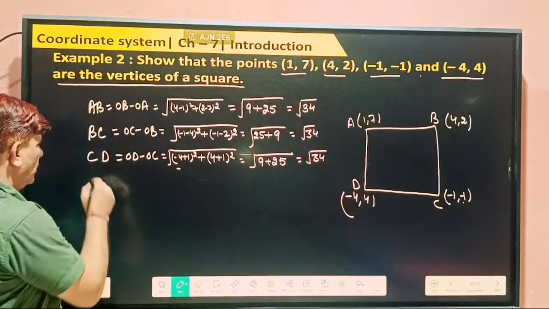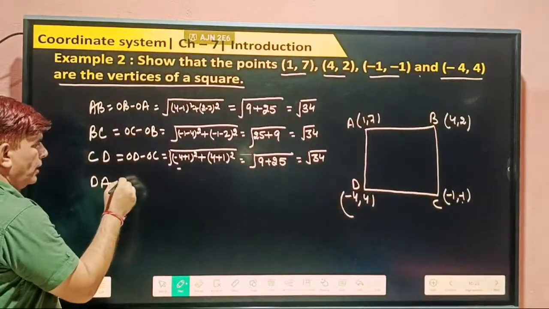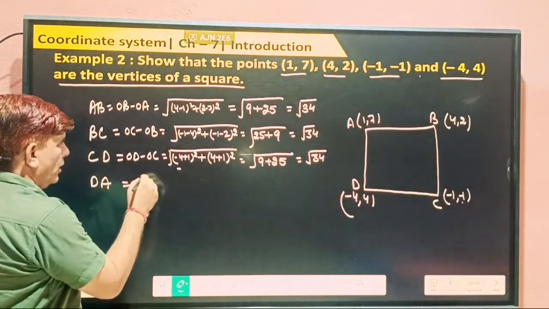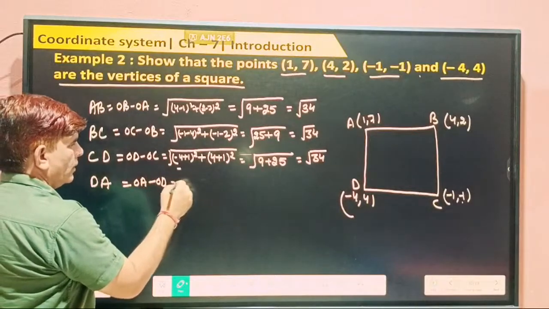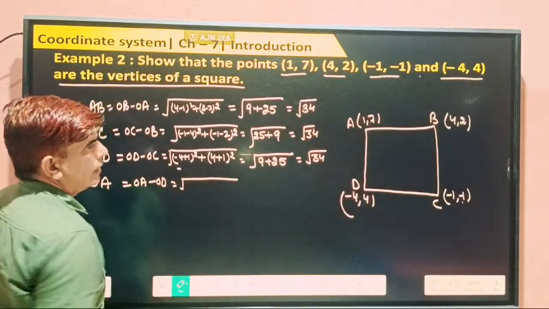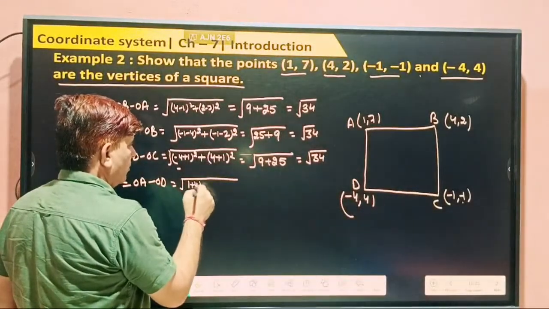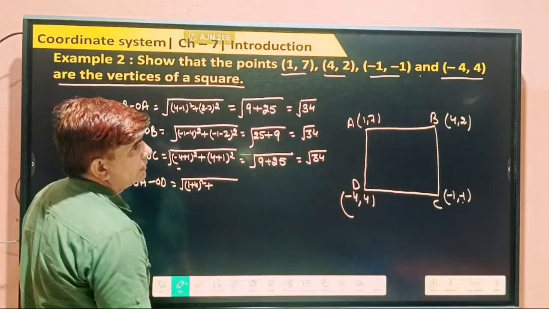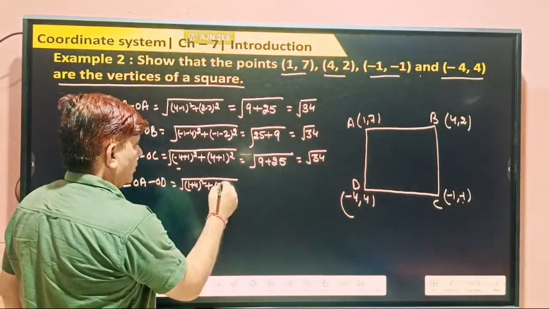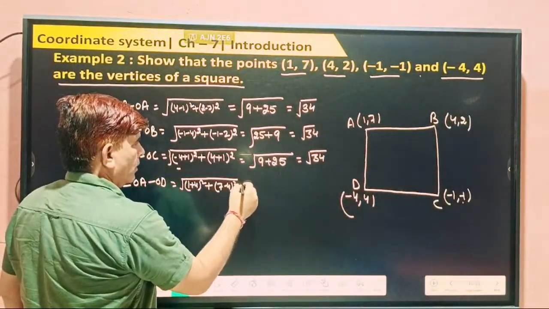Then find out DA or AD. DA equal to OA minus OD. So (1 minus (minus 4)) that is 1 plus 4, 5, square 25, plus (7 minus 4), 3, 3 threes are 9. What is it equal to?